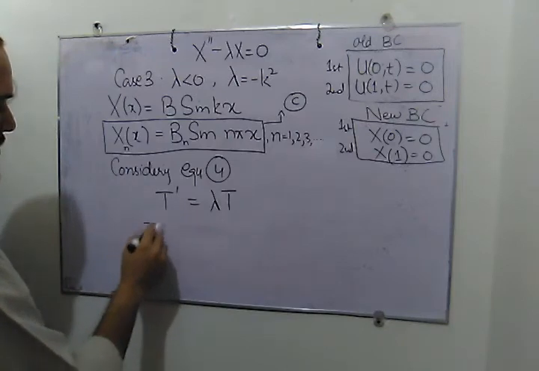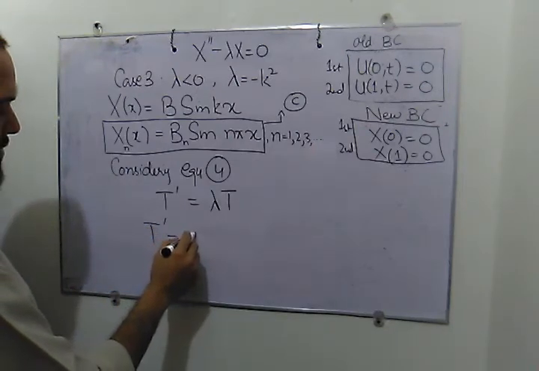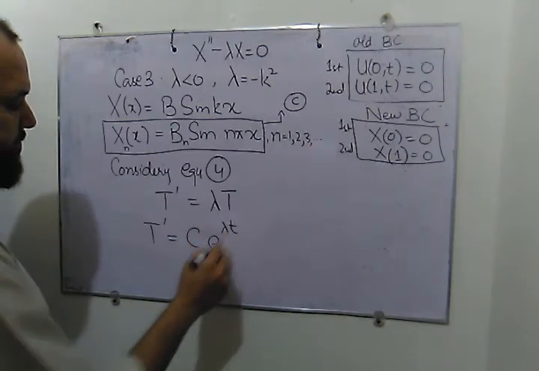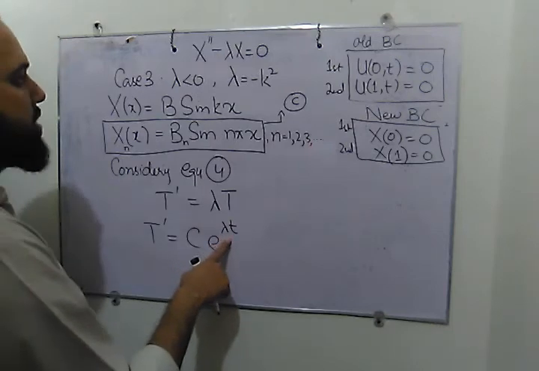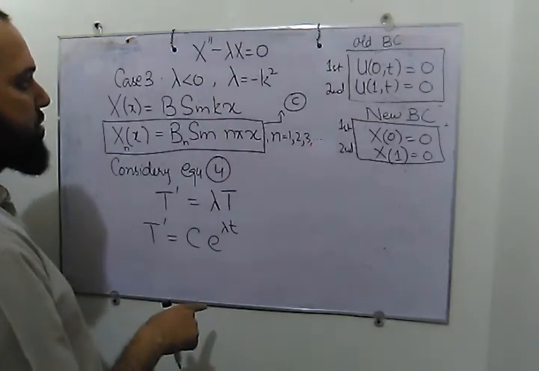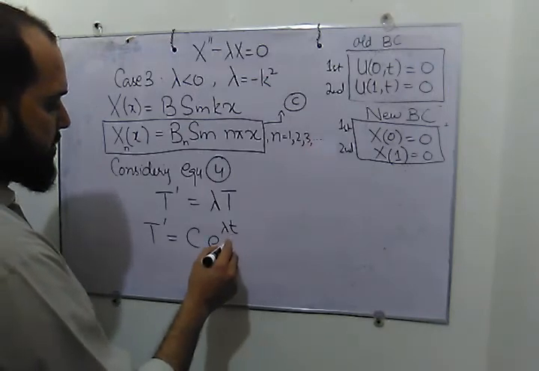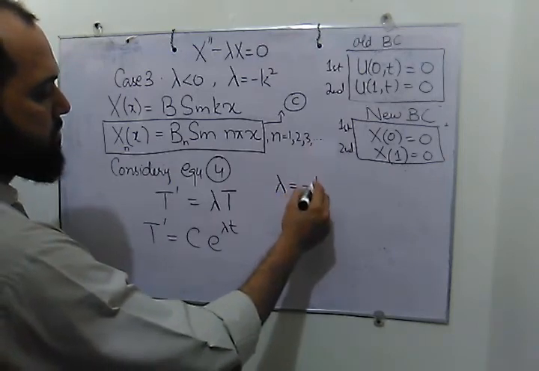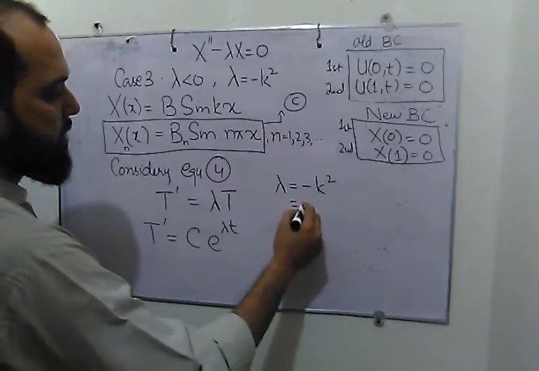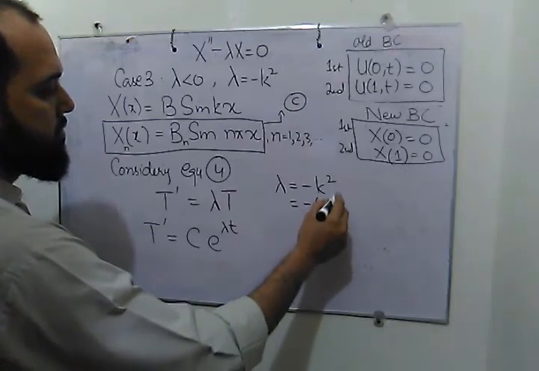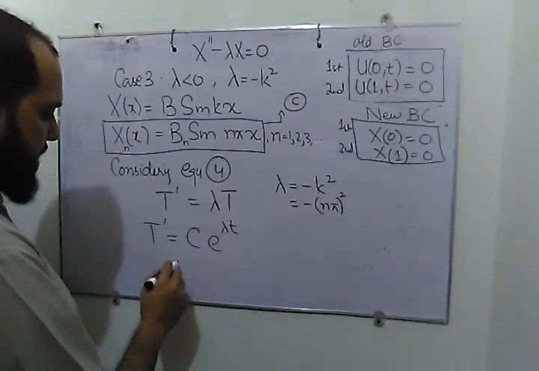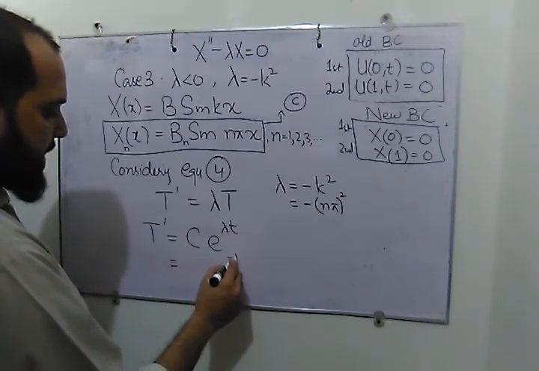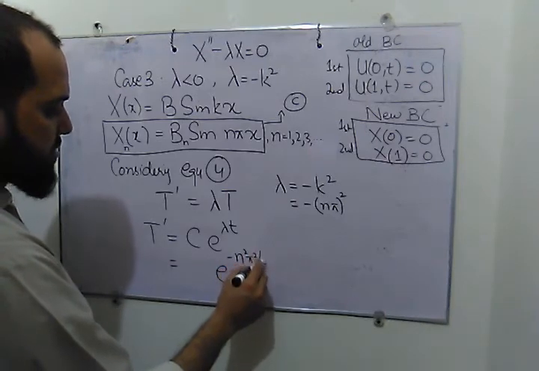So we can solve it as c exponential lambda t, and we know the value of lambda is negative k square and k is equal to n pi. So lambda is equal to minus n square pi square. When we replace lambda with the n term, it becomes minus n square pi square t.